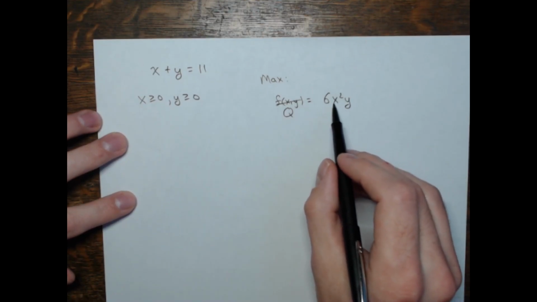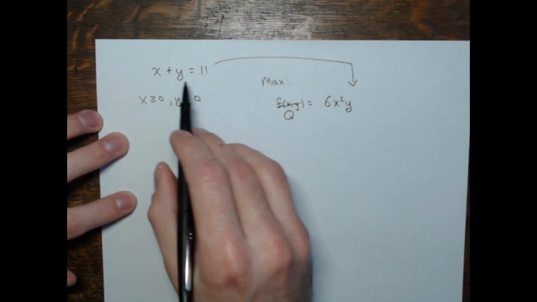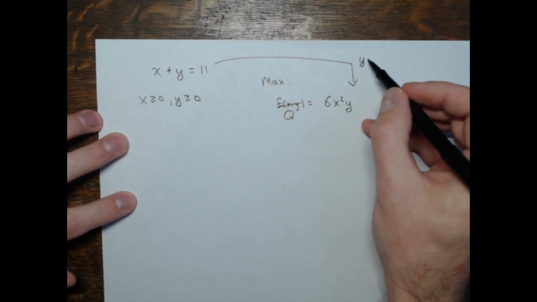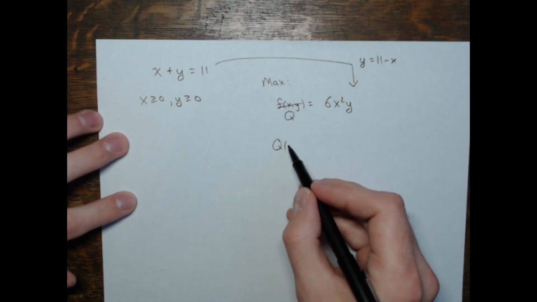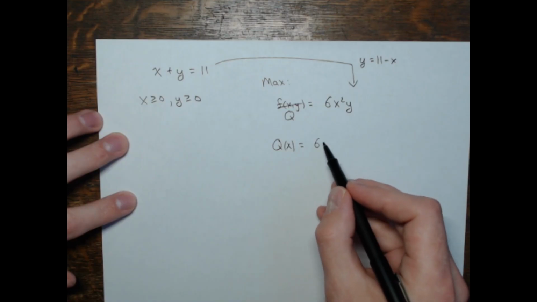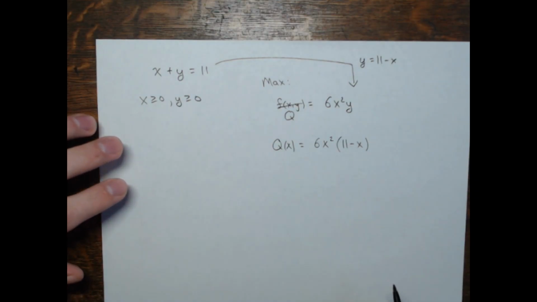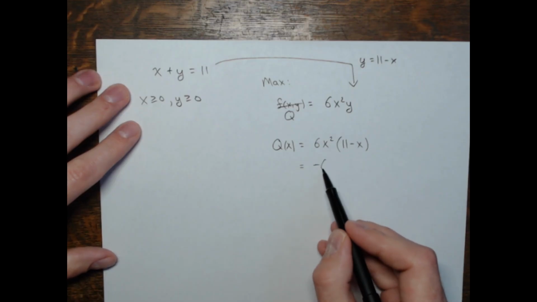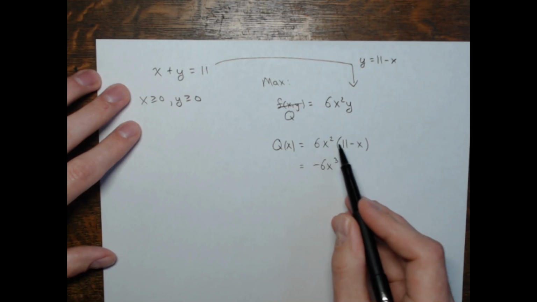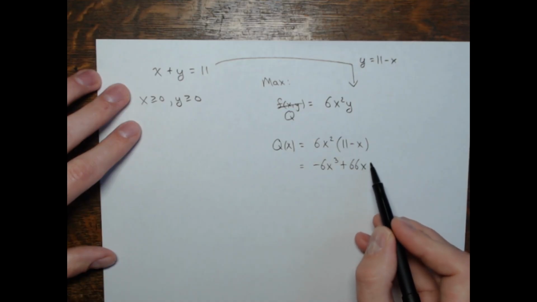Now, this is a function of two variables. So I use my condition to make a substitution, right? You solve for y up here. y would be 11 minus x. Put that in here. So now I have q of x, just a function of x, which would be 6x squared times 11 minus x. And distribute, this would be negative 6x cubed plus 66x squared.